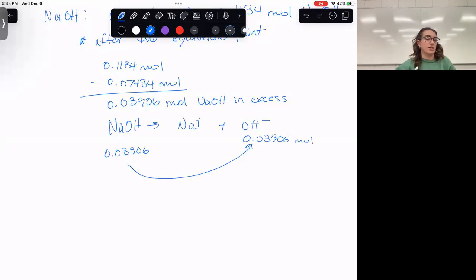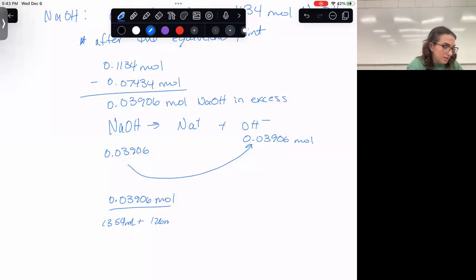How can we find concentration of OH minus? Yep, so we want to divide by total volume of solution, which is 354 mL plus 126.